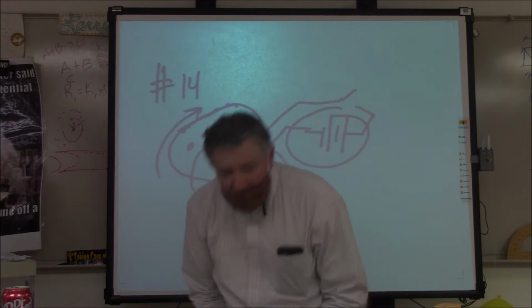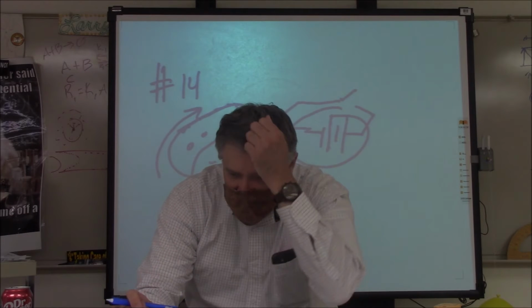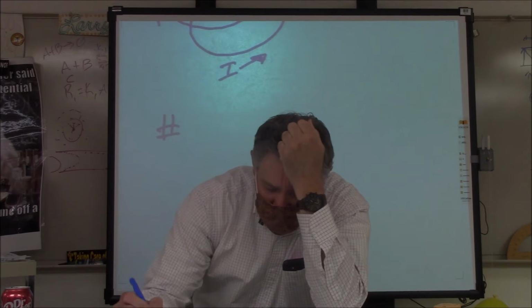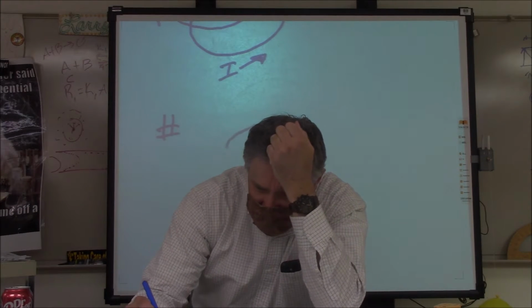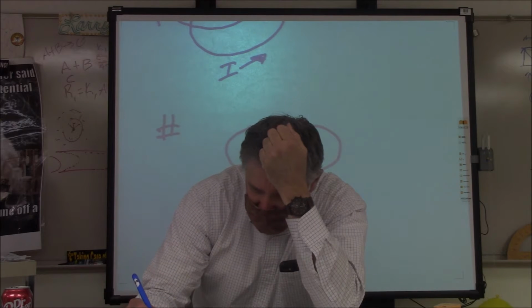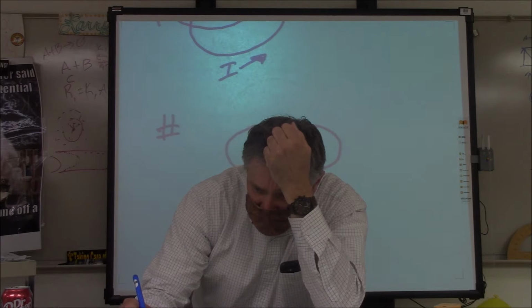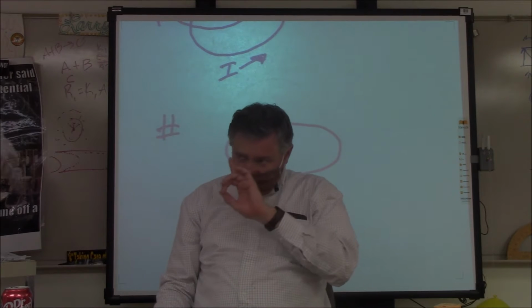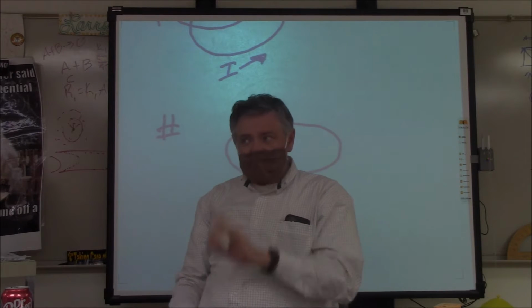Now, let's talk about 15. So number 15, here's this loop, and you've got the north end of the magnet, and it's going to be moving up into the loop. That's going to be key.